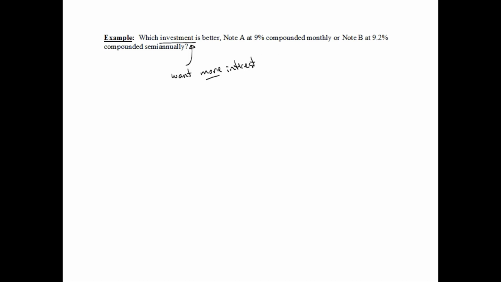If we look at note A, this has a lower interest rate but it is compounded more often. Compounding more often is good for us as investors because we get more interest the more often it is compounded. If we look at B, it has higher interest, which is good for us as investors.